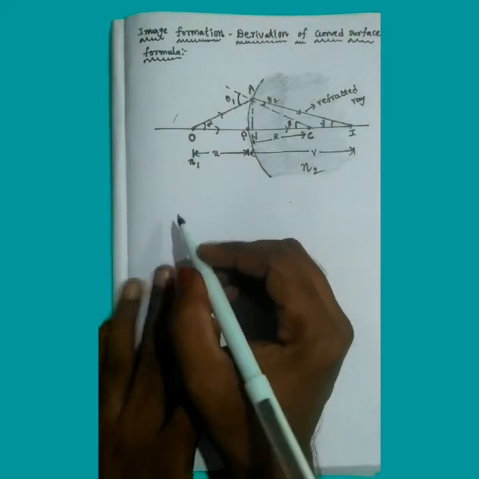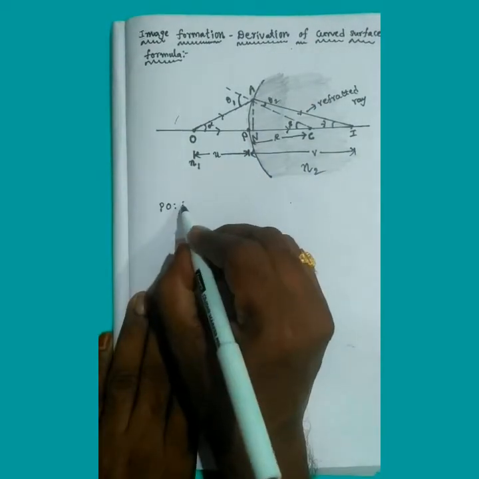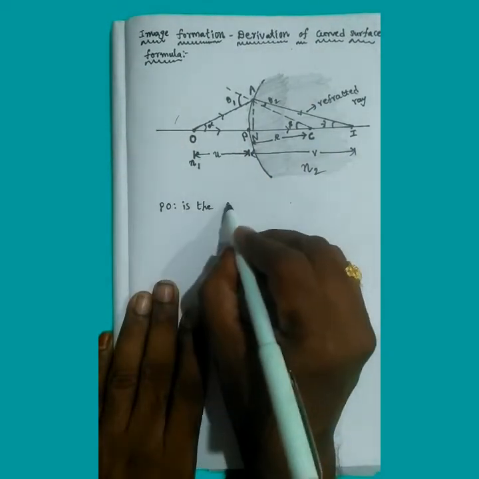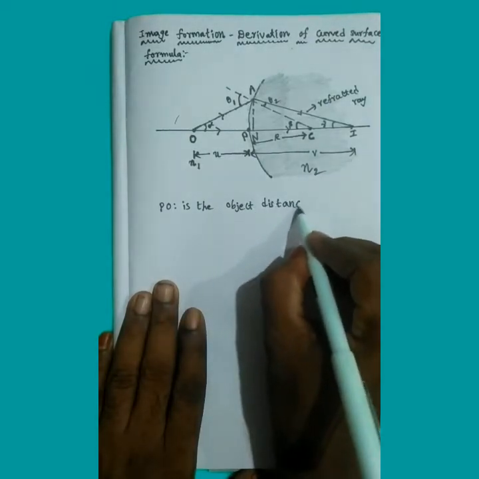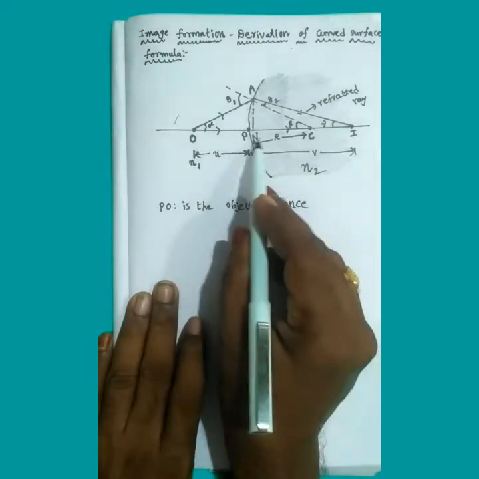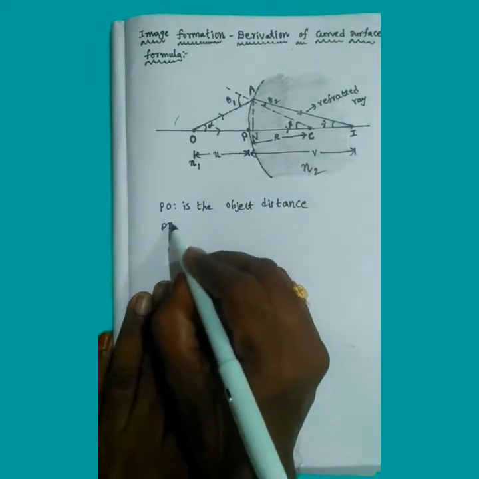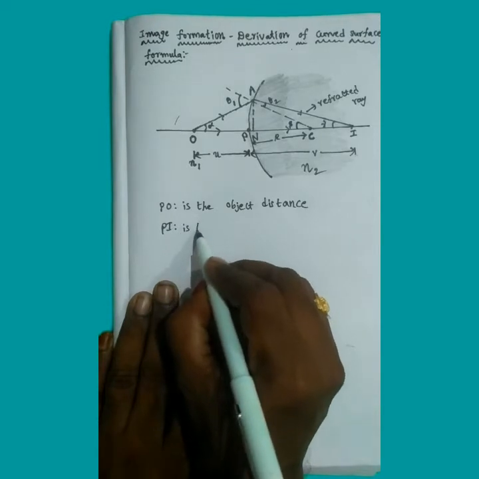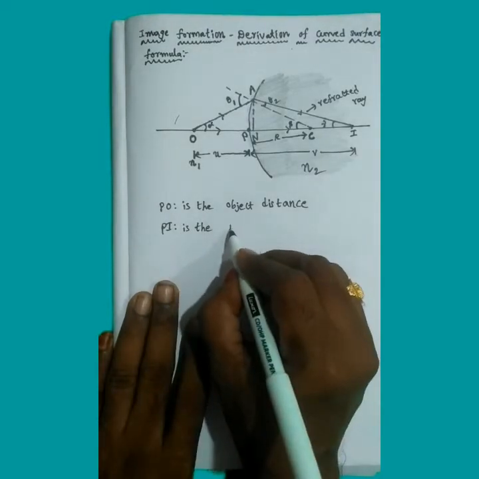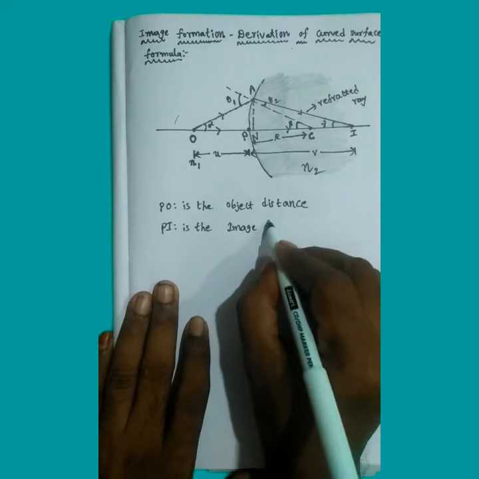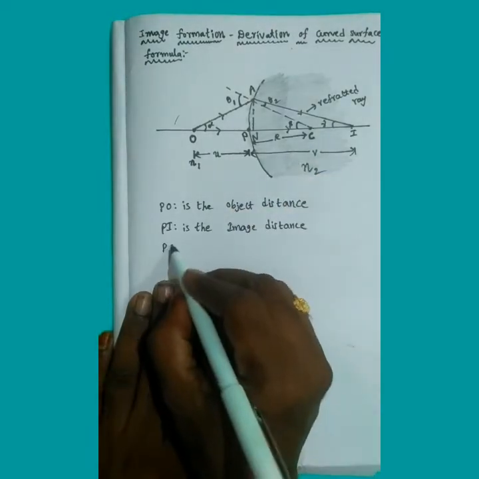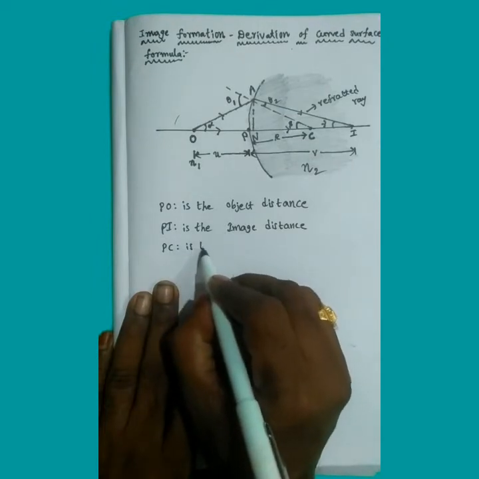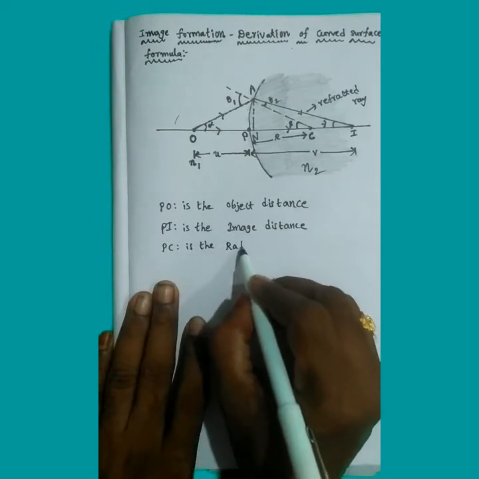PO is the object distance, PI is the image distance, and PC is the radius of curvature.